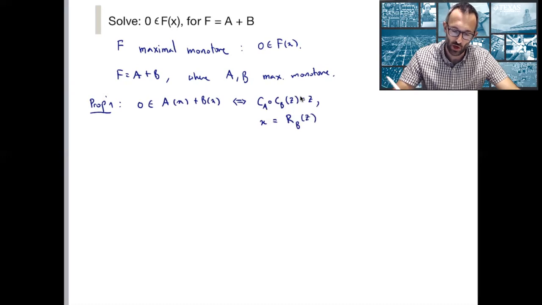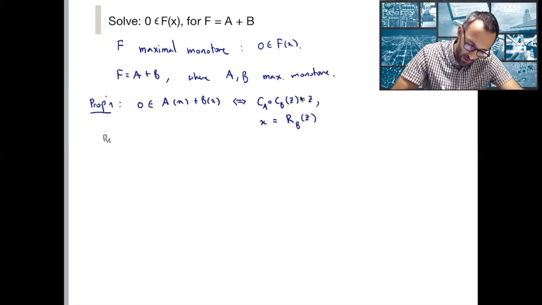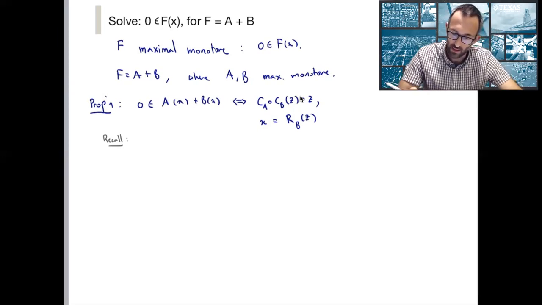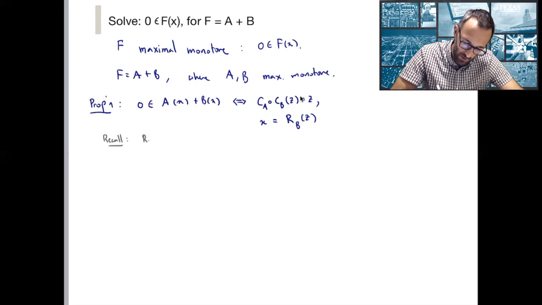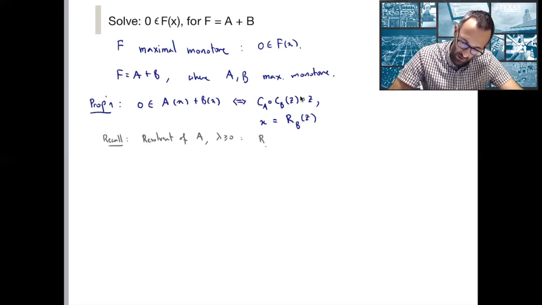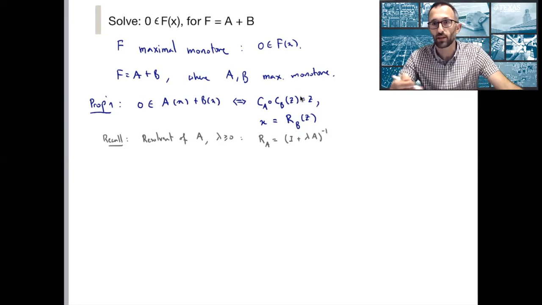So let's quickly recall the definitions here. Recall that the resolvent operator of a relation A, and similarly for a relation B, and some non-negative constant lambda, is defined as R_A, which is equal to the inverse of identity plus lambda times A. And recall that for the setting where A corresponds to the subdifferential of a convex function, then the resolvent operator on its own corresponds to the proximal point algorithm with respect to that function.